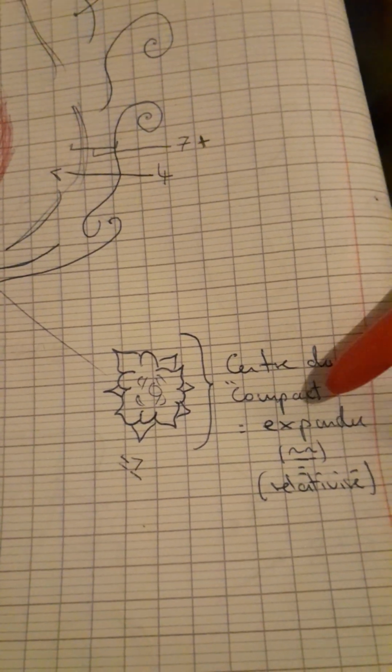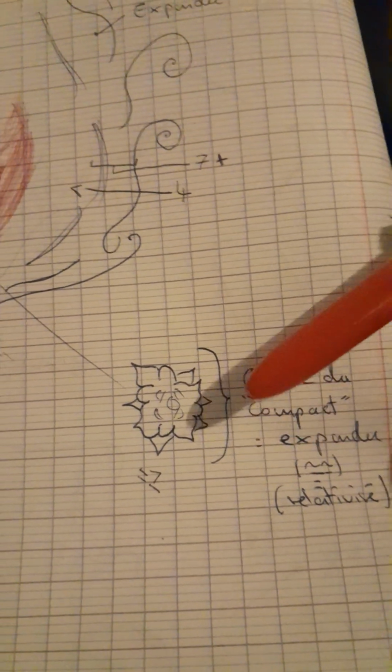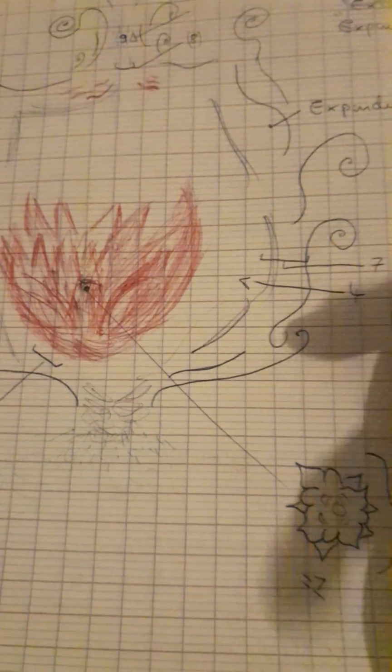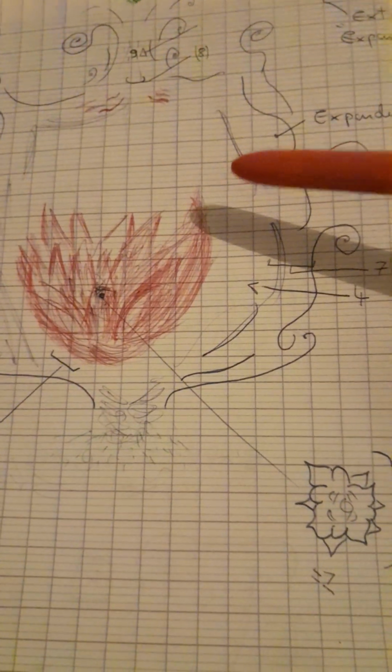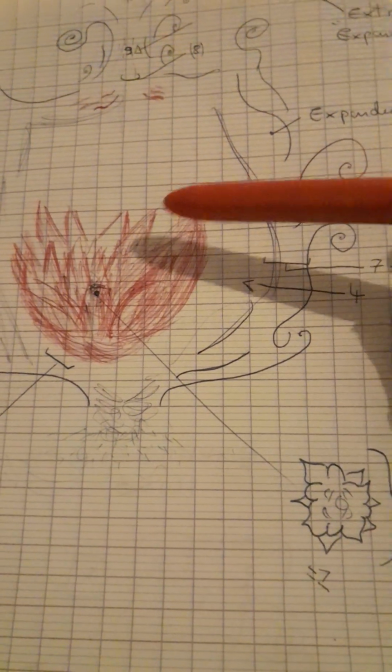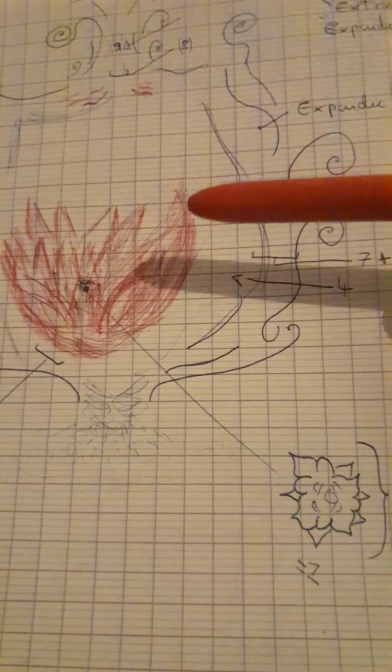So this is a way of saying it. The body is a kind of relative expanded form. Relatively, why? Because there is a lot of compactive forces inside of the body to keep it together. A lot. So the expansion is relative. Relative to what? Relative to the environment. Okay? Most of the non-living forms don't grow, they don't expand. So relative to them, your body is expanding. Okay?